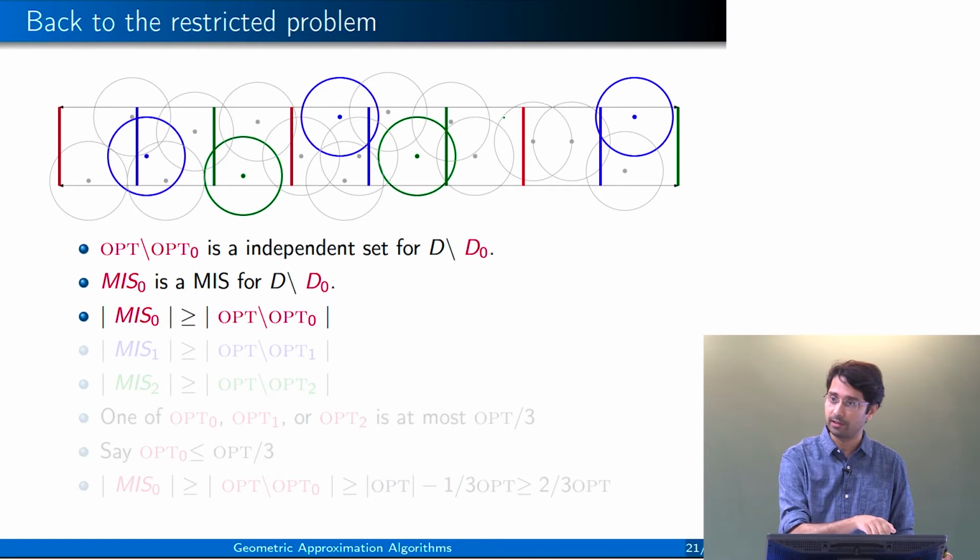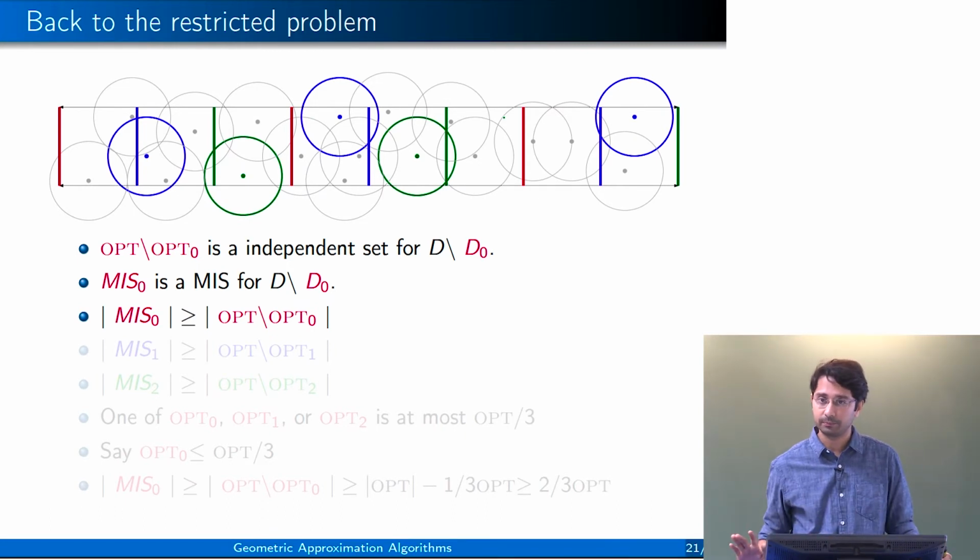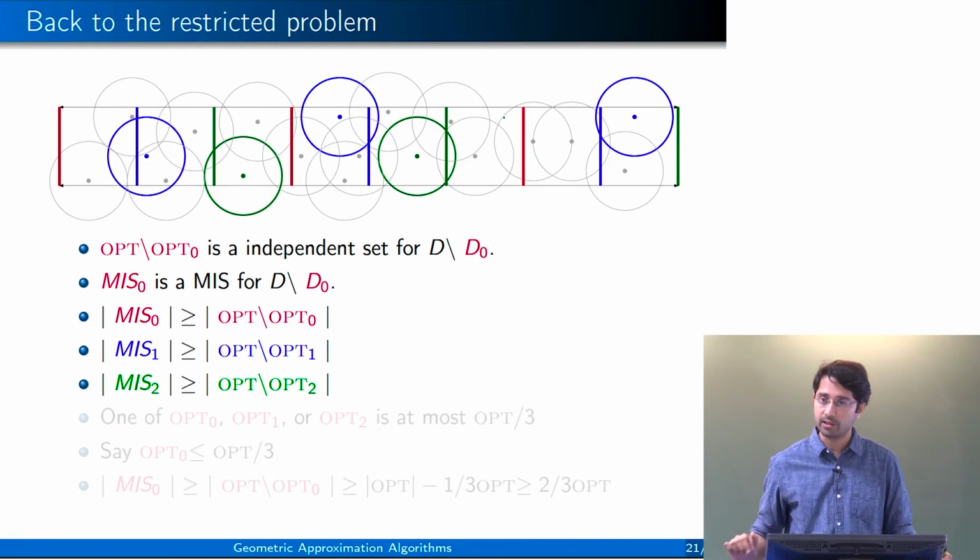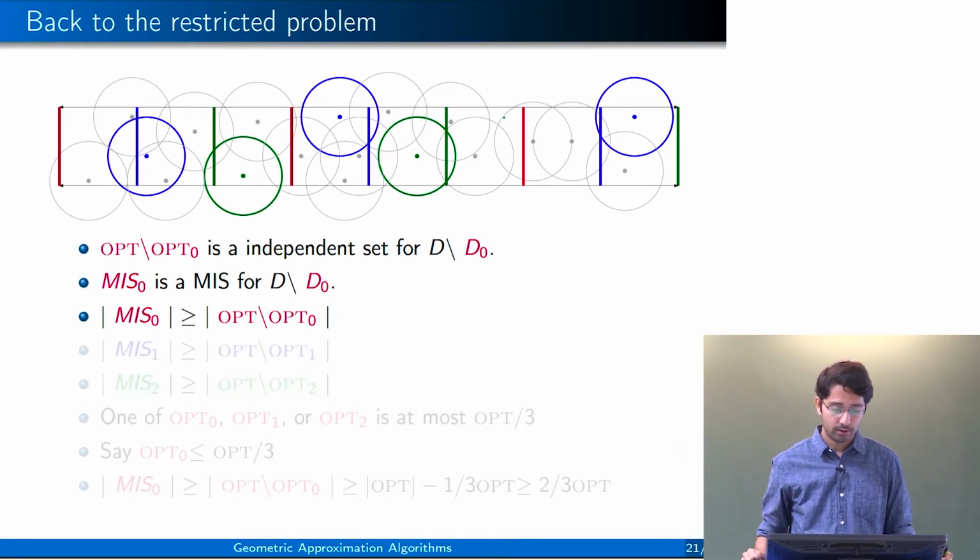This is a maximum independent set, hence this is bigger than this. Similarly it holds for the other 2 cases as well. Still with me? Looks confused. So, MIS 0 is greater than or equal to opt minus opt 0.